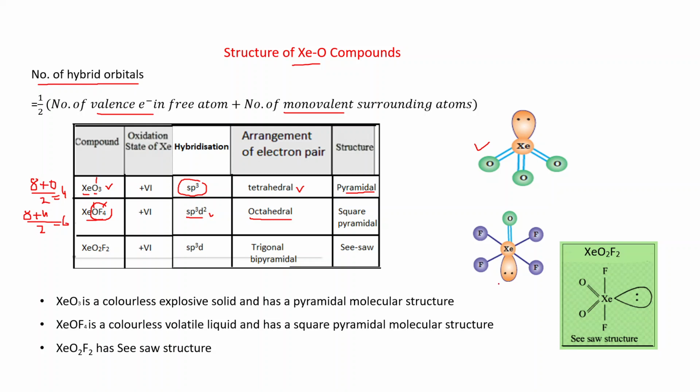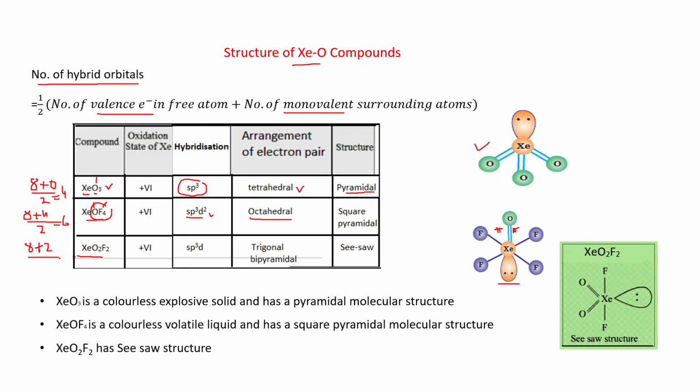There is one lone pair of electrons, and out of the double bond, one is sigma and one is pi. The sigma bond is formed by the hybrid sp3d2 orbital, and the pi bond is formed by the unhybridized p orbital. The same case, XeO2F2. We can find out that it is (8 + 2)/2. Why only 2?